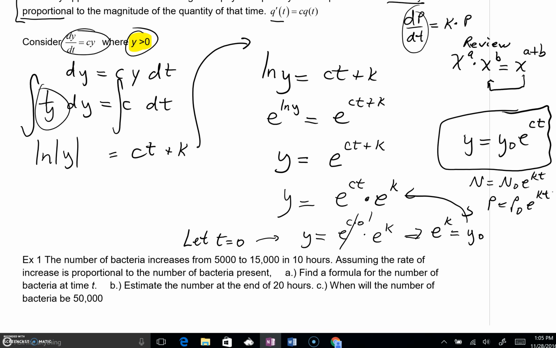Now you see why. When you solve that differential equation, when you make the assumption that the rate of change in the population is directly proportional to the size of the population at that given time, which is a very reasonable assumption, you will solve and arrive right here.